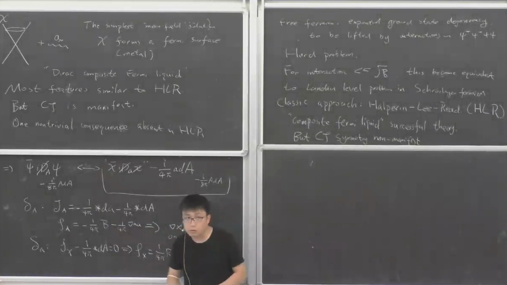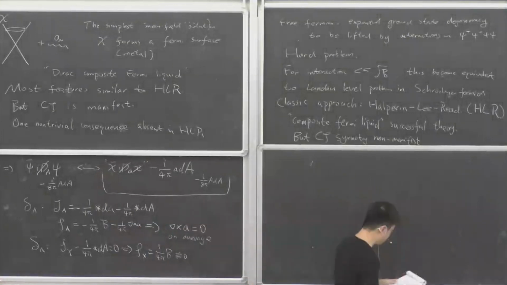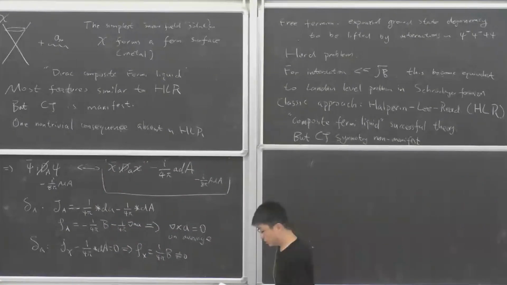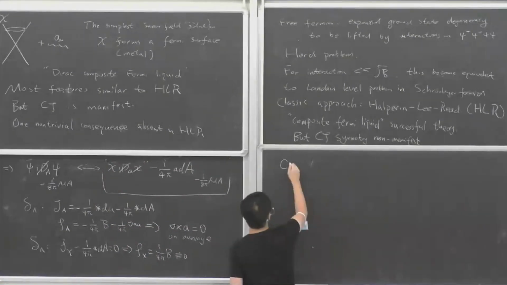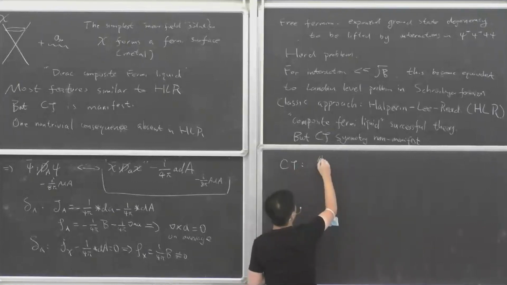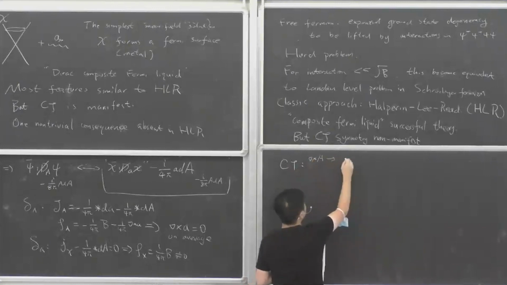And now you ask, how exactly should CT symmetry act on this theory? Remember in the case of the original probe U1 gauge field, you have the curl of A goes to just curl of A. That's your magnetic field.